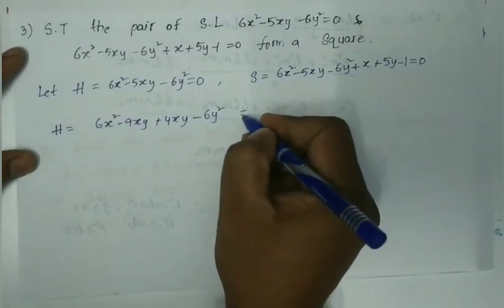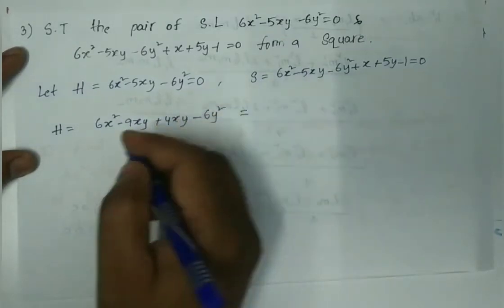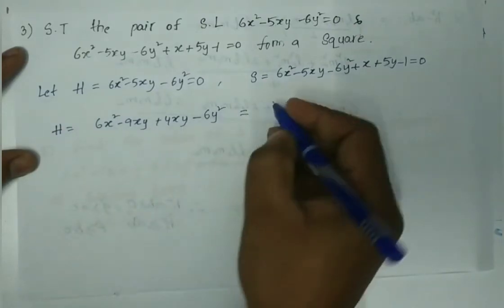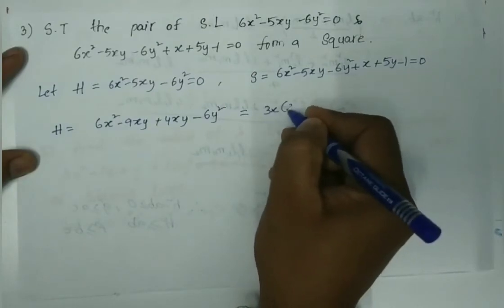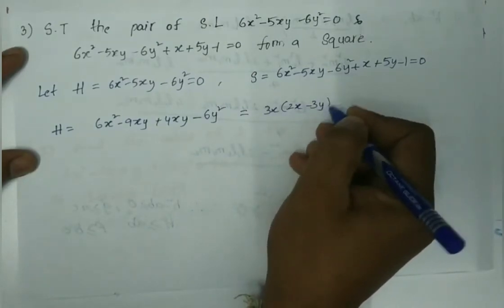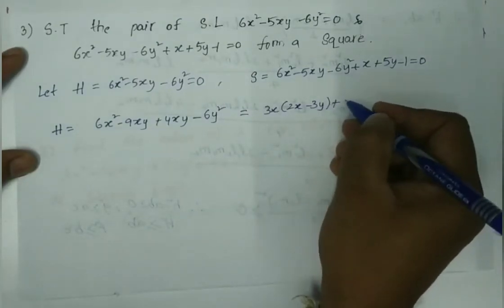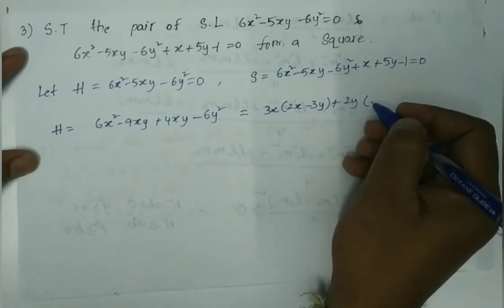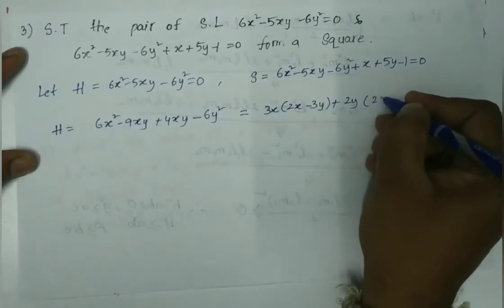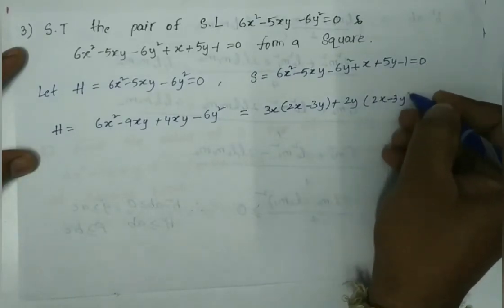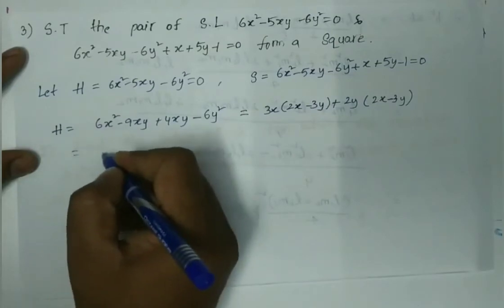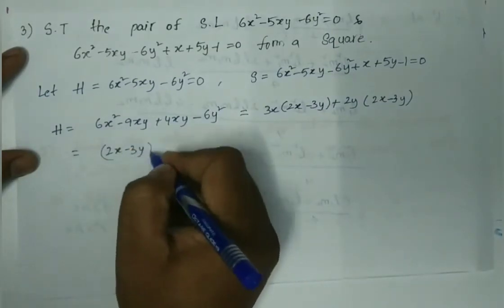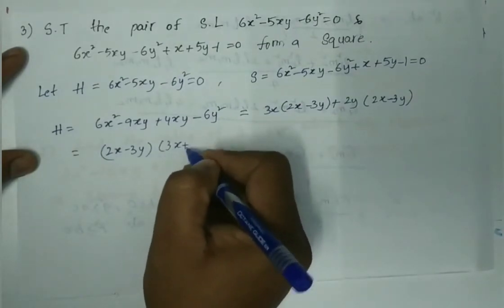By taking 3x as a common factor from the first and second terms, we get 3x of 2x minus 3y. Next, let us take 2y as a common factor from the third and fourth terms. Here we get 2x minus 3y. Therefore this equation is nothing but 2x minus 3y into 3x plus 2y.